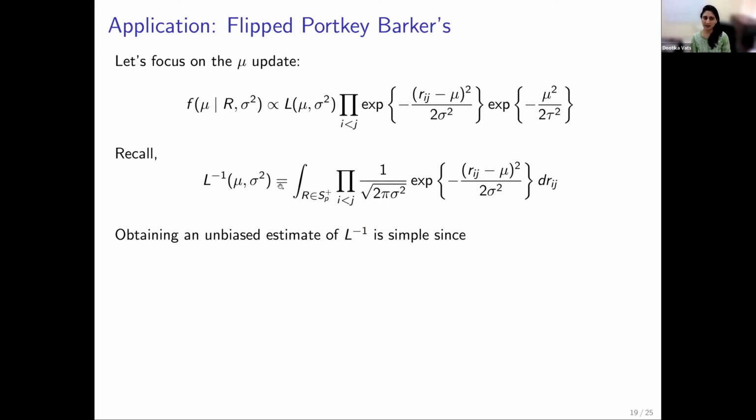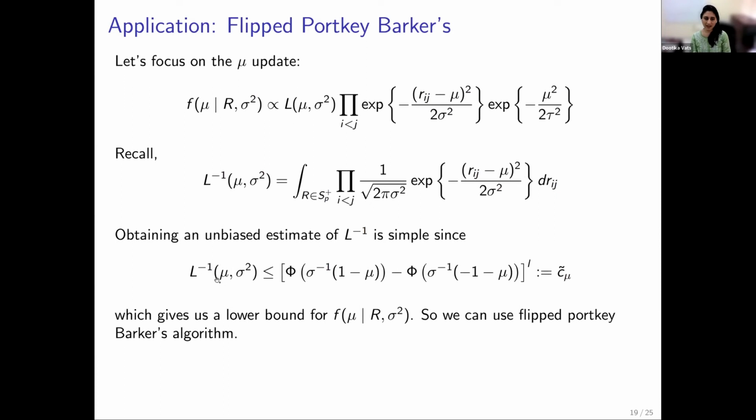So we can upper bound L inverse by an integral over a -1 to 1 P-dimensional cuboid, which gives us an upper bound. That becomes my C tilde sub mu, and this gives me a lower bound for f mu, a lower bound for the full conditional. So for this full conditional step, we can implement a flipped Portkey algorithm.